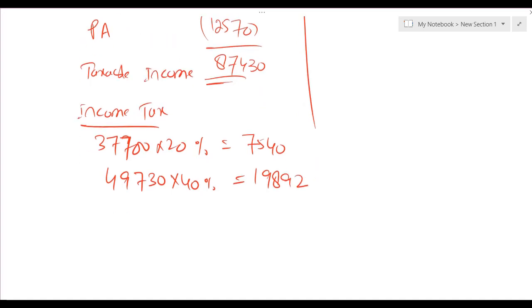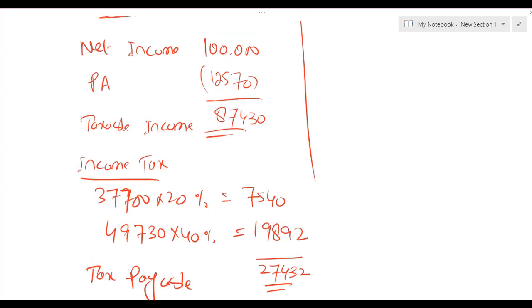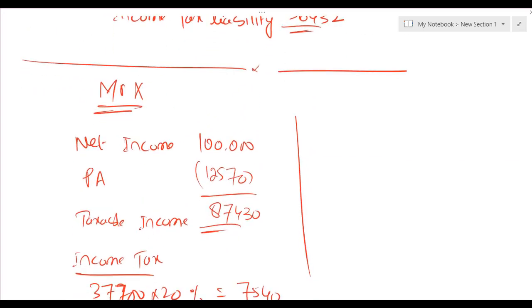So let us calculate the tax payable: 19,892 plus 7,540 comes to 27,432.